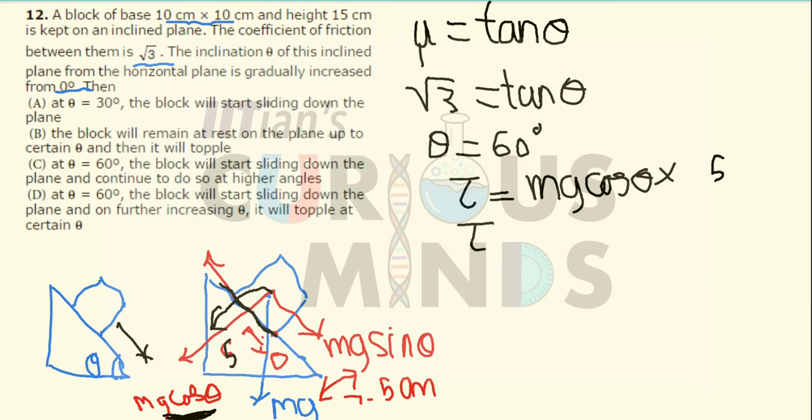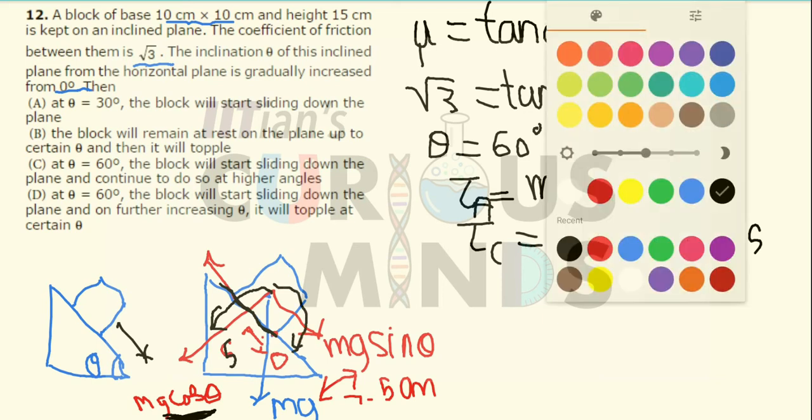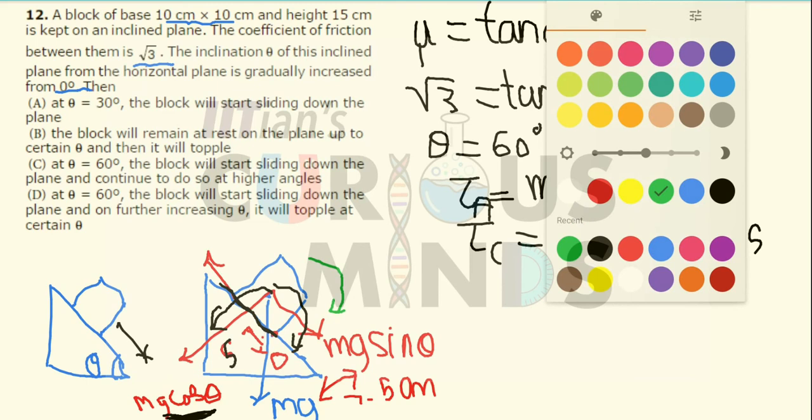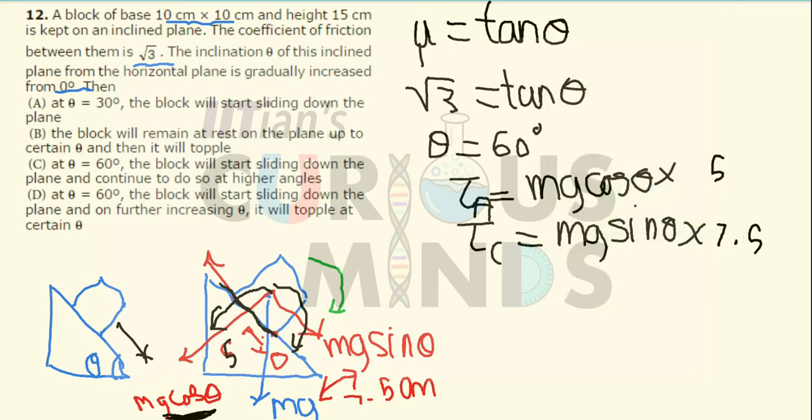Now the torque in the clockwise direction will be equal to mg sin theta into the perpendicular distance, which is 7.5. When will the body tumble? The body will tumble when the clockwise torque exceeds the anti-clockwise torque.